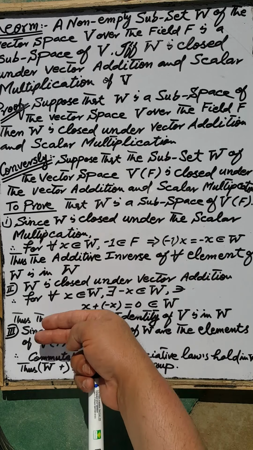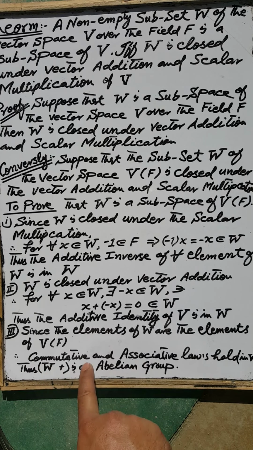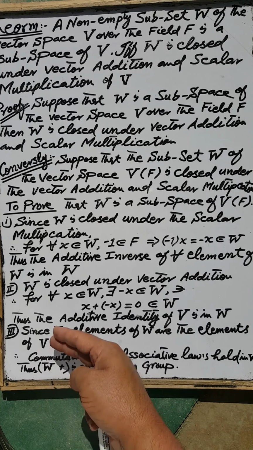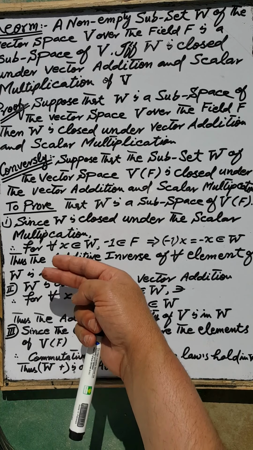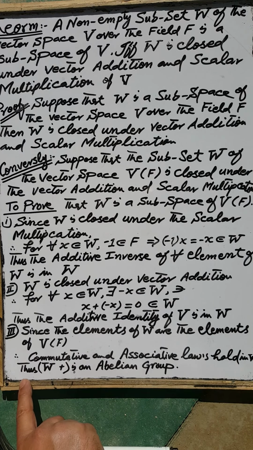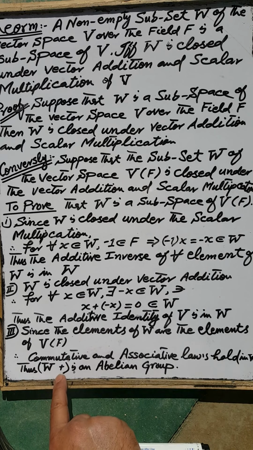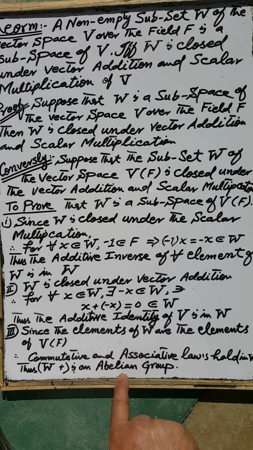With these conditions, we can decide that the set W, the subset of the vector space V over the field F, with respect to addition is an abelian or commutative group.